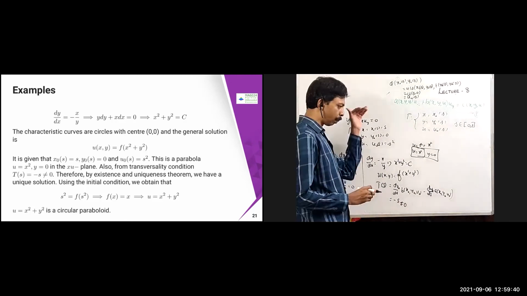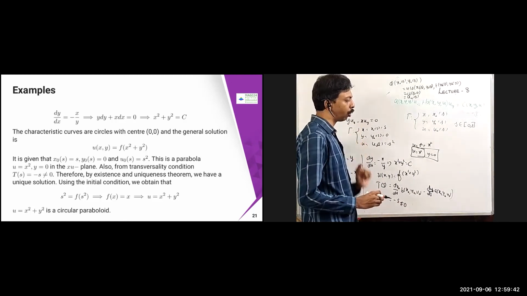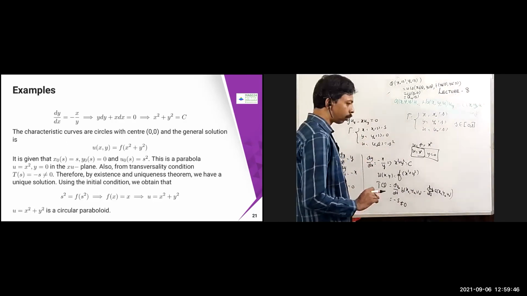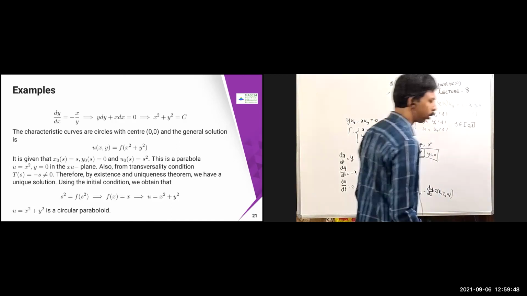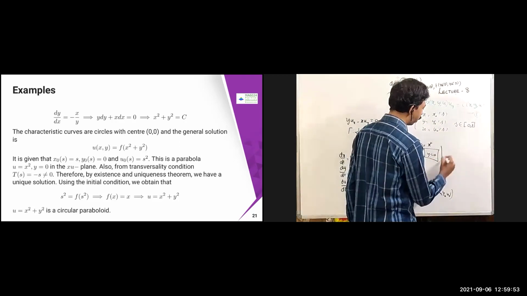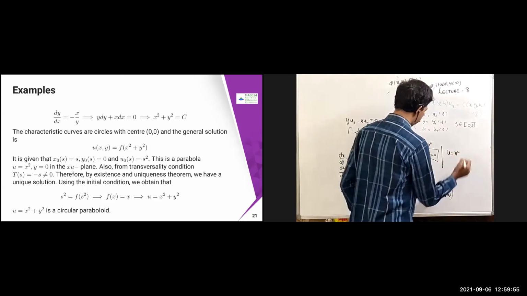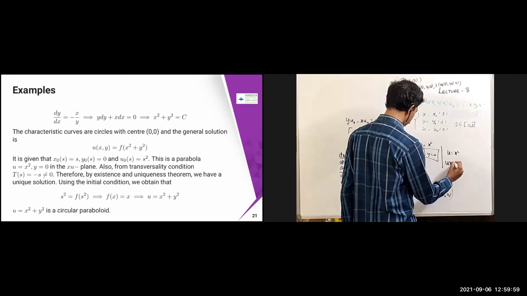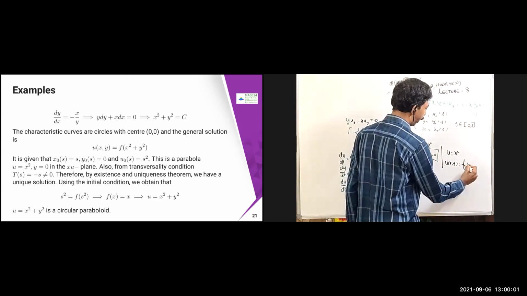That means, as per the previous theorem, a unique solution is going to exist. So what are you going to get? Here u of x, y is going to be f of x square plus y square.